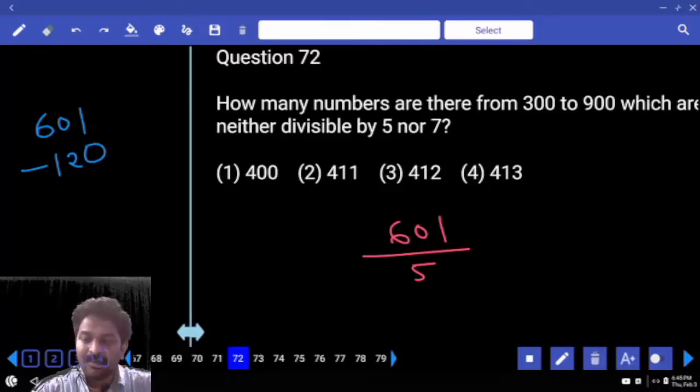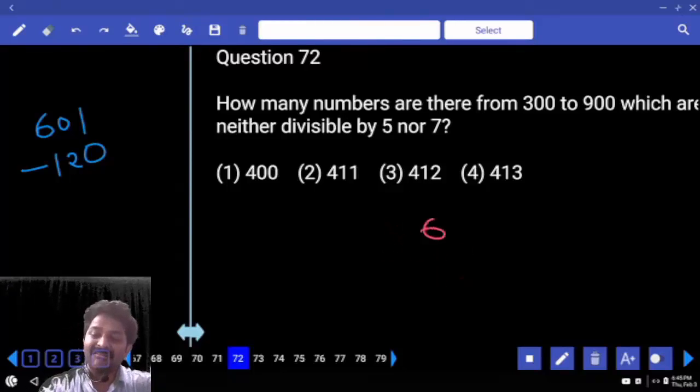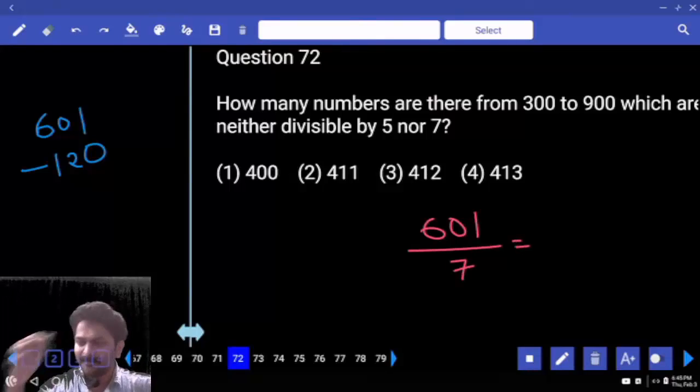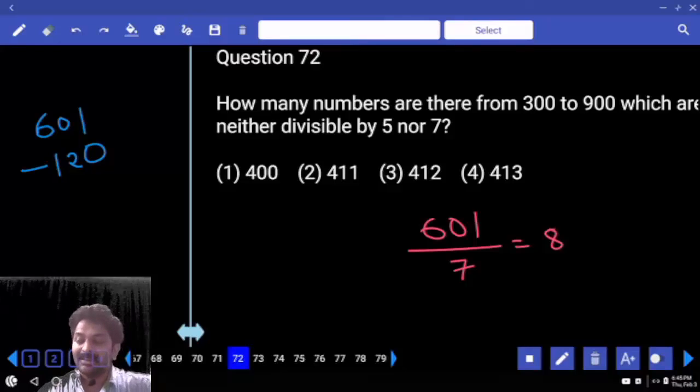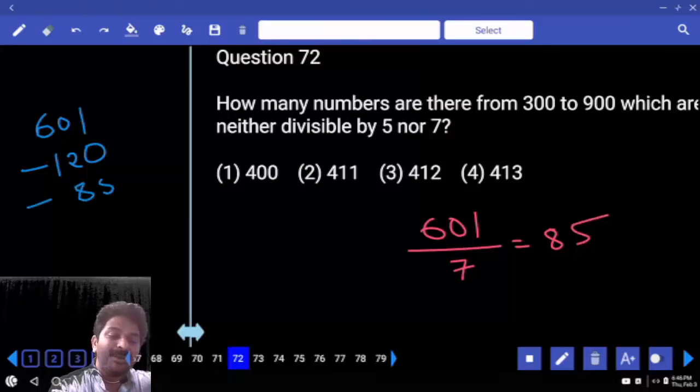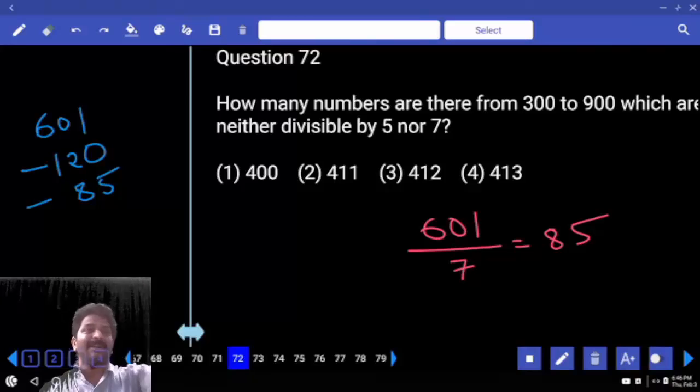Come on. How many are 7 multiples in the sense divided by 7? Come on, let's calculate. 7, 8 times 56, 41. 41 in the sense 5 times only. That means between these 601 numbers, there will be 85 7 multiples. Correct? Correct? Now, we are not done with the answer.